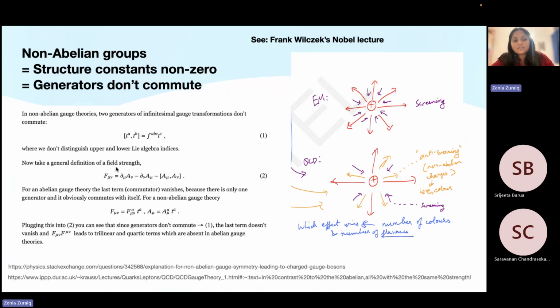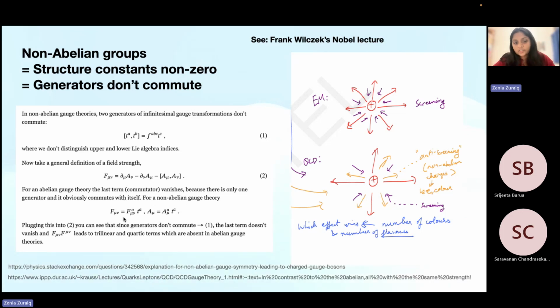If you take a general definition of field strength, it's written as del mu A nu minus del nu A mu minus this last term, this is how you construct the field tensor for any theory. And for an abelian gauge theory, the last term vanishes. So for example, for electromagnetism, we know that this vanishes because it's an abelian gauge theory. There's only one generator. It obviously commutes with itself.